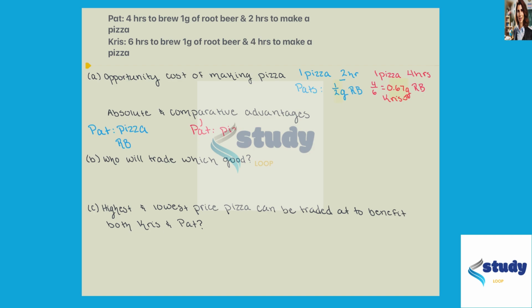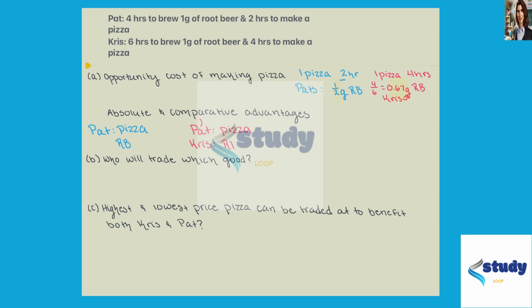And because of that, all we have to do is take the inverses of those opportunity costs, and it would give us the opportunity cost of making root beer. So really what that does is it just switches those comparative advantages. So we can see that Pat has the comparative advantage in pizza, which tells us inherently that Kris must have the comparative advantage in root beer.